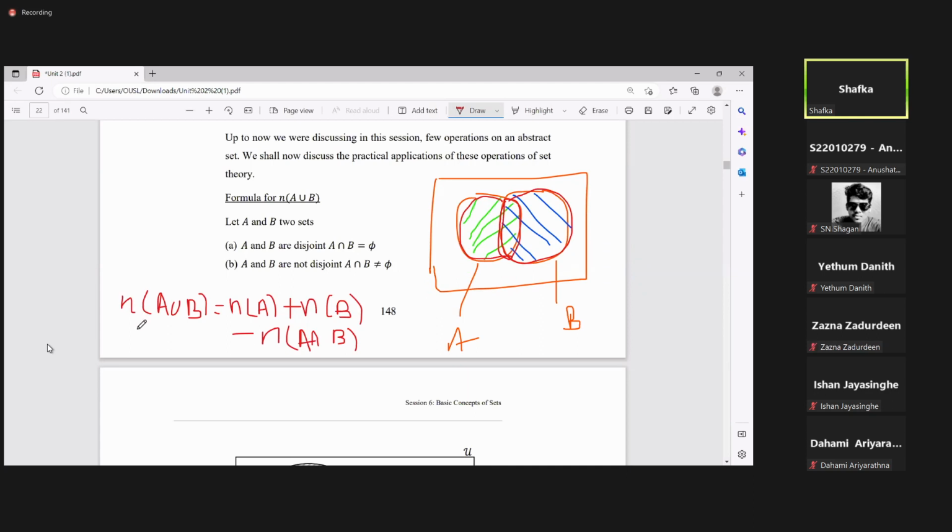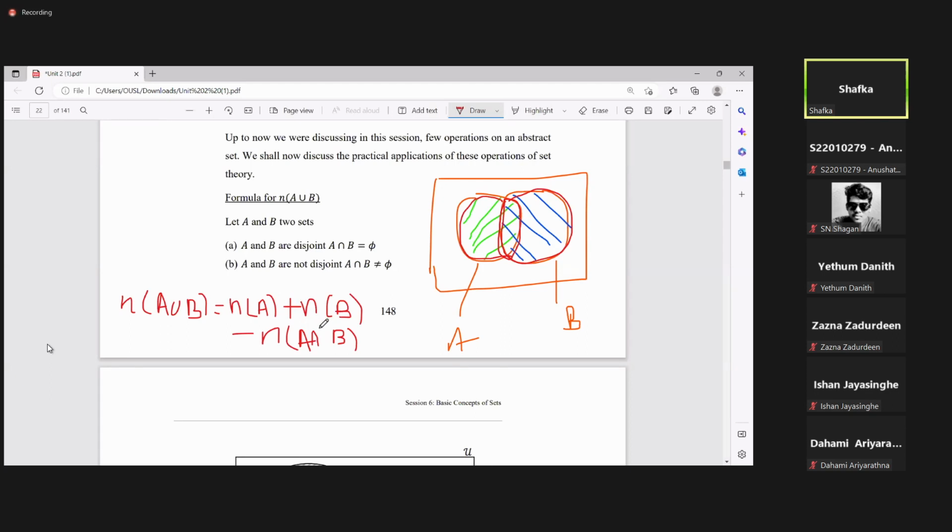That's why the number of elements in A union B is equal to the number of elements in A plus the number of elements in B minus the number of elements in A intersection B. You have to use this in order to do calculations using sets.